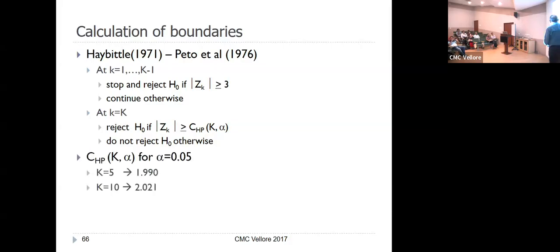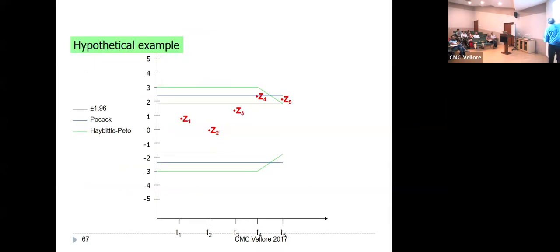And so he does that, and it says, if you do 5, it's 1.99, very close to 1.96 at the end. So with Haybittle-Peto, you are at 3, and here, that 1.99, and this is 2.1, hey, we can celebrate. So people like this one.